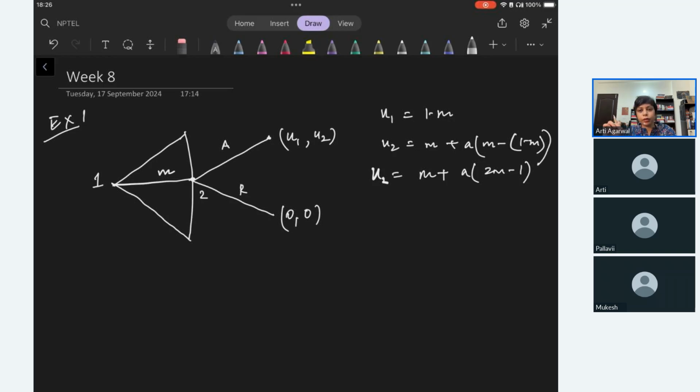Player 2 gets m, player 1 gets 1 minus m. So he is not concerned so much about just the value of m as he is about the difference between m and 1 minus m. That matters a lot to him if a is very large.